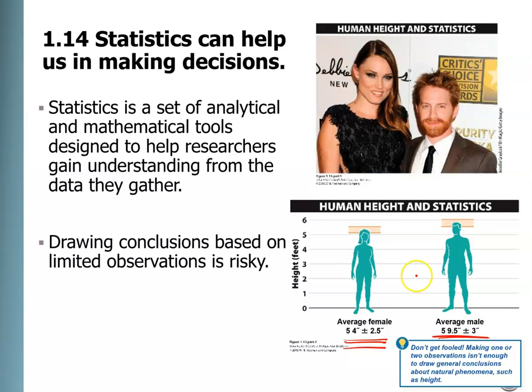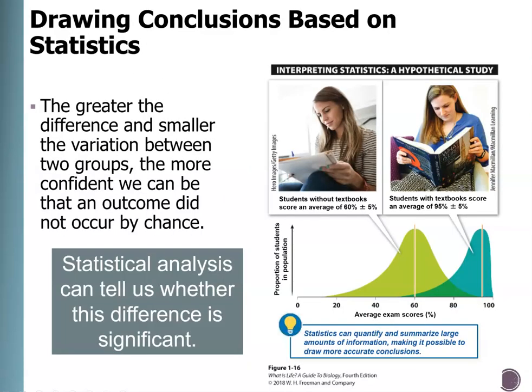So the question here would be, is there a difference in height between males or females? Well, statistics can help you determine if this difference, this 5 feet 4 inches or 5 feet 9 inches, is actually enough to be considered different. Statistics can also tell us how much variation between two groups is enough to say that it's different.